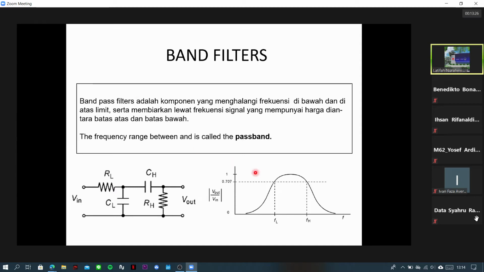We remove the left part, which is the low frequency signals, and we also remove the high frequency signals. We take only the middle frequency. So this is the pass band filter, or they usually call it band filters.